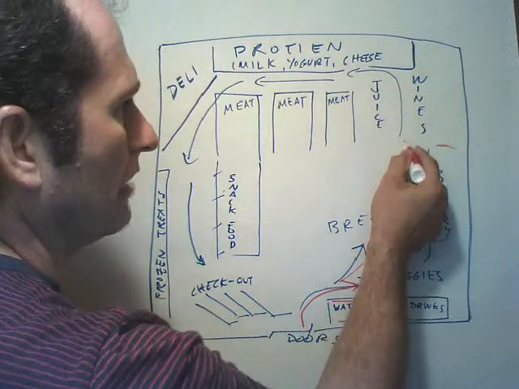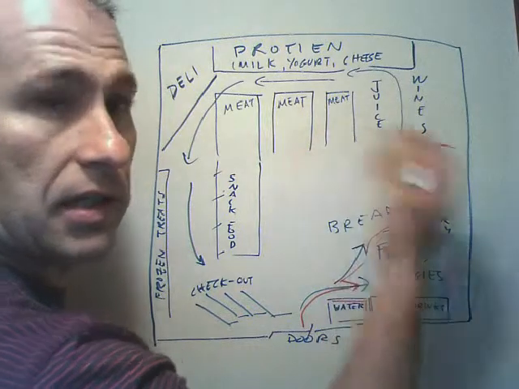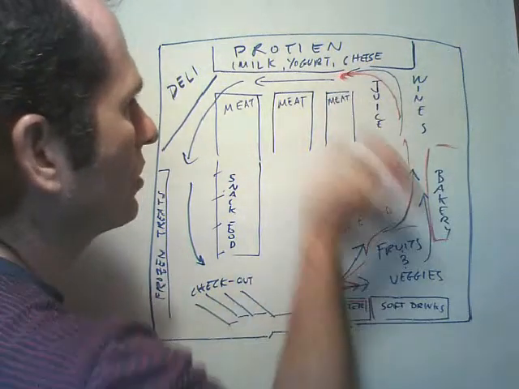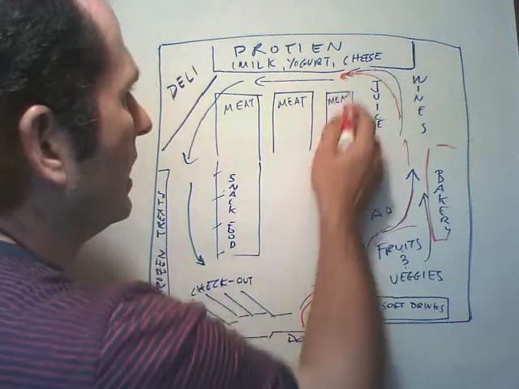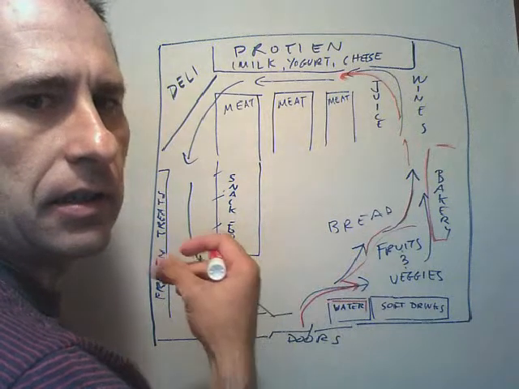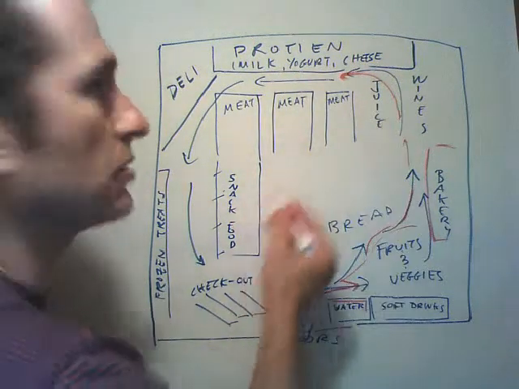And you hit, as you continue up, the wines and the juices, more select beverages. And you have to turn now to circle back around the store. And all along this wall you'll notice is protein, some packaged meat. But here, let's just put the milk, the yogurt, the cheese, that sort of thing.